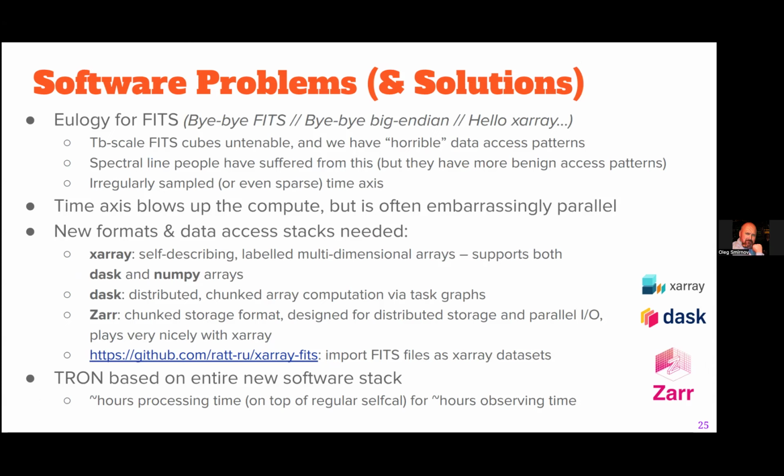and this presents a software problem, and this presents a data format problem. So I love FITS. I hope you all love FITS. I've known and loved FITS longer than I've known and loved beer, honestly. But it was time to say goodbye, right? A terabyte FITS cube is just an unwieldy monster that you cannot do anything with.